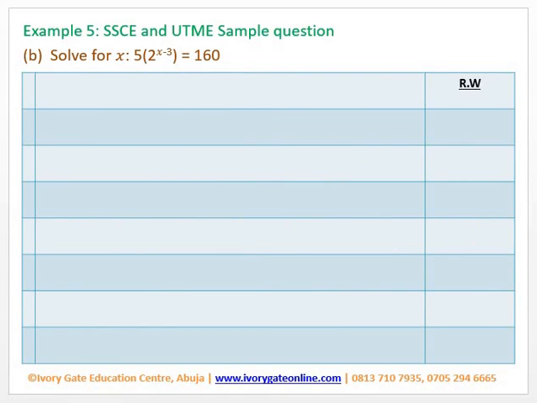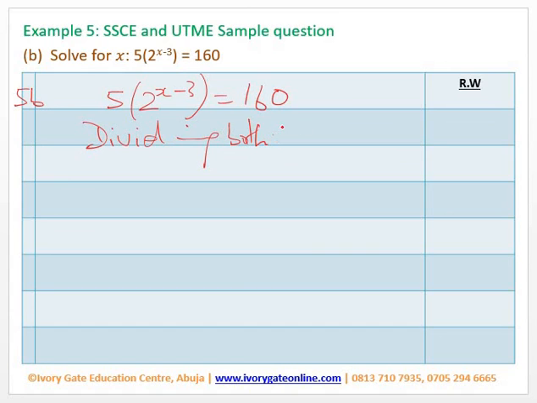Okay. 5b. 5 into 2 raised to power x minus 3 is 160. So now we can reduce further by dividing both sides by 5.